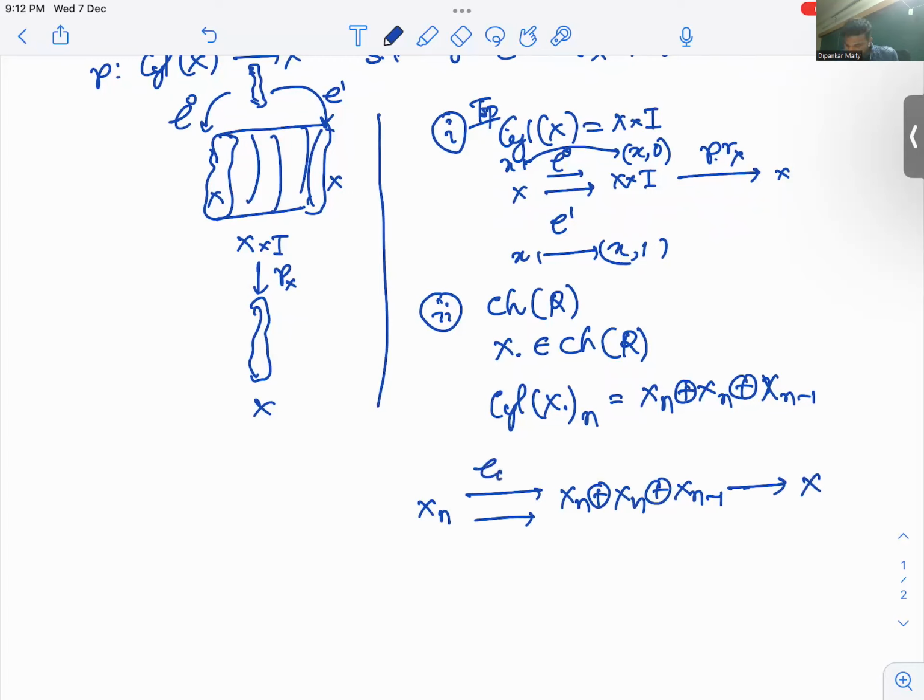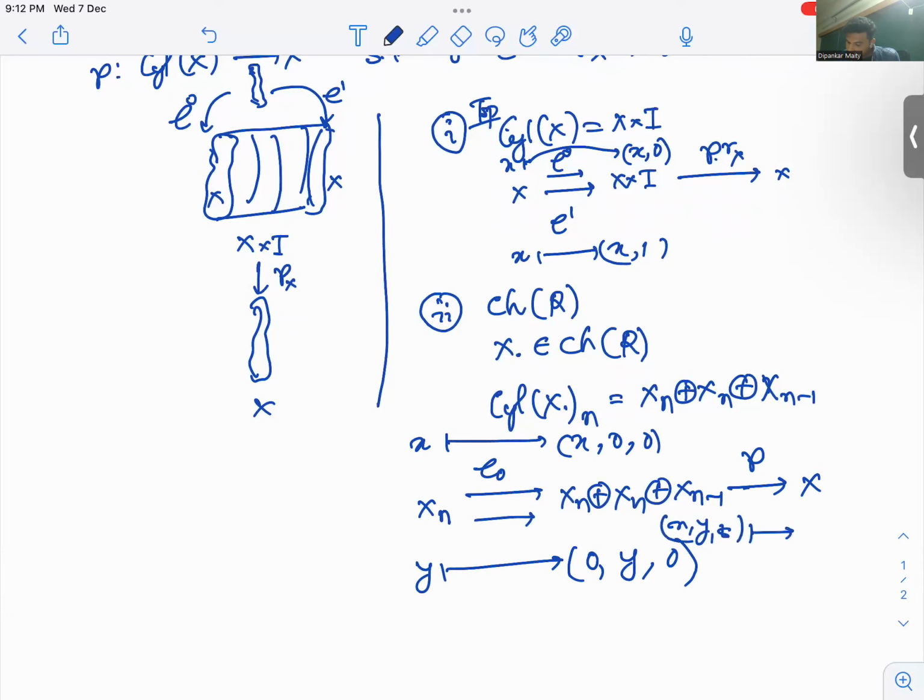So E0 was sending x to (x, 0, 0) and E1 sending x to (0, 0, x), whereas this map P was sending (x, y, z) to x plus z.